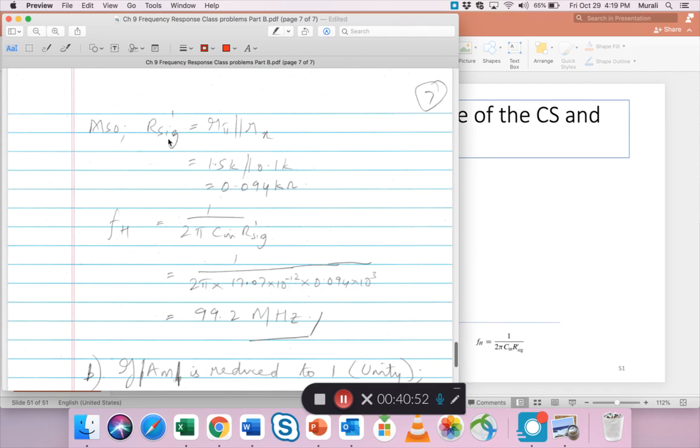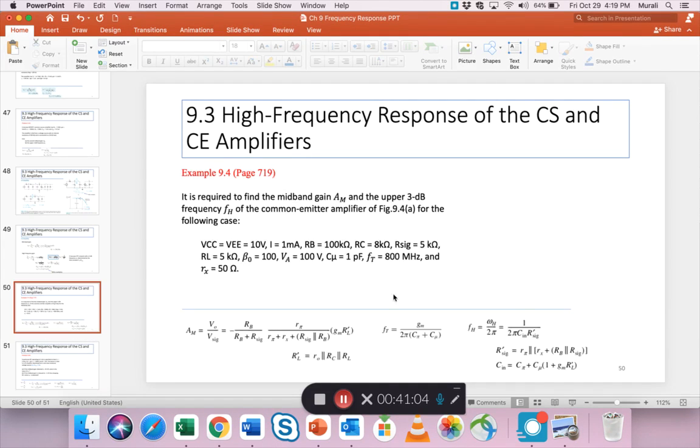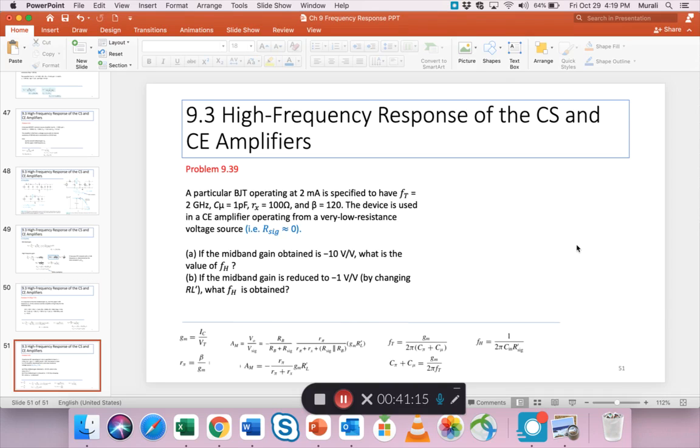Finally, we need to find R signal prime, which is this. Normally, R signal prime would be this formula, right? But because R signal is 0, we only have to worry about the other two terms, right?